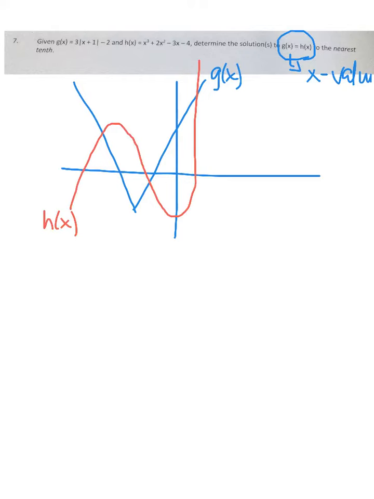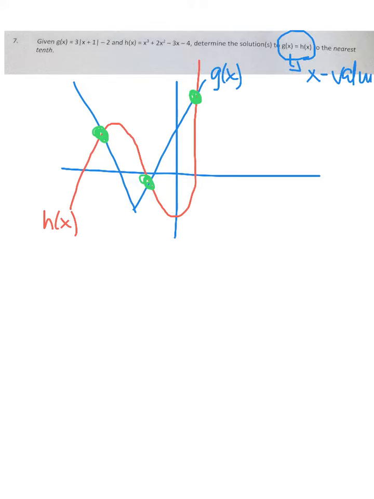All right, so we're going to determine the solutions. Well, the solutions would be where the two graphs meet, right? So here's the one spot, here's another, and here's the last one. So just like in number 6, you're going to do second calc or second trace, go down to number 5 where it says intersect.